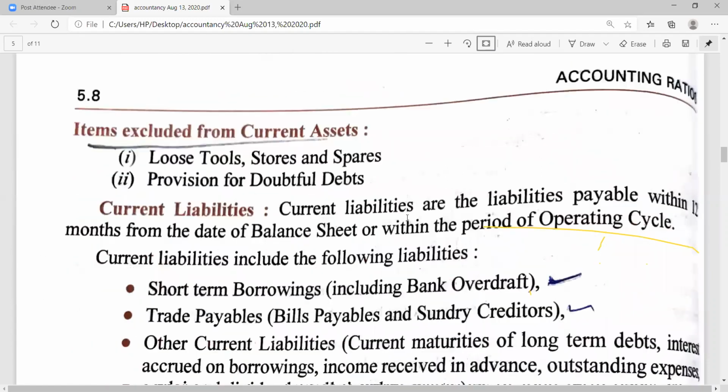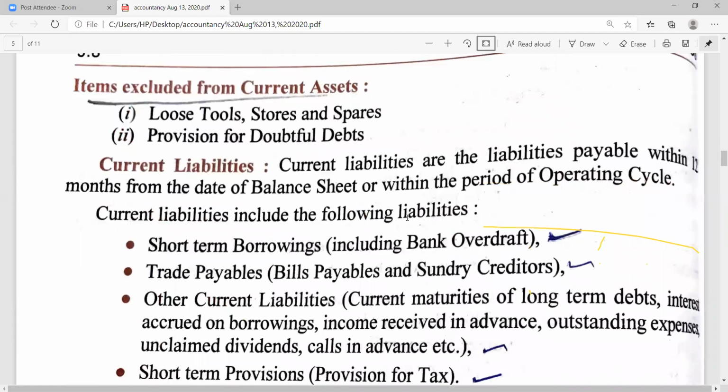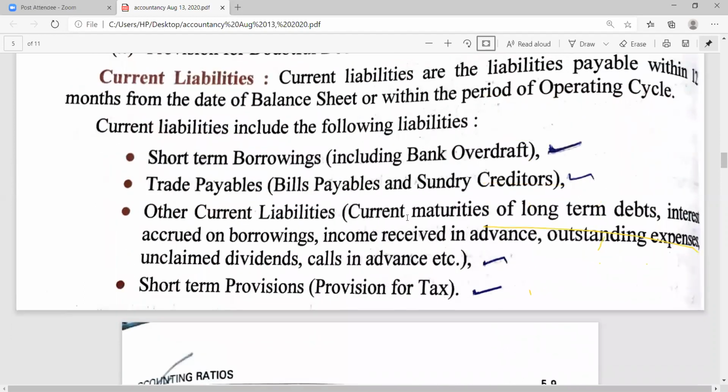Now, what are the items to be assessed while calculating current liabilities? These are the short-term borrowings, including bank overdraft, trade payables, bills payable, and sundry creditors. Other current liabilities, current maturities of long-term debt, interest accrued on borrowing, income received in advance, outstanding expense, unclaimed dividends, calls in advance, etc. If any short-term provision is there, like provision for taxation, it will also be included in current liability.